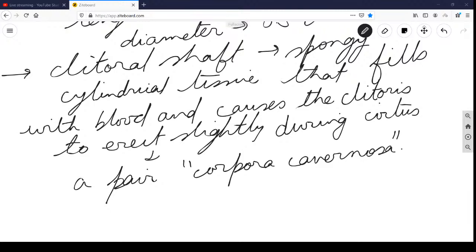This tissue in the male is represented by the labia minora only. The glans clitoris is partially covered by the clitoral prepuce, which is homologous to a similar structure covering the glans of the penis, and the clitoris is rich in sensory receptors.